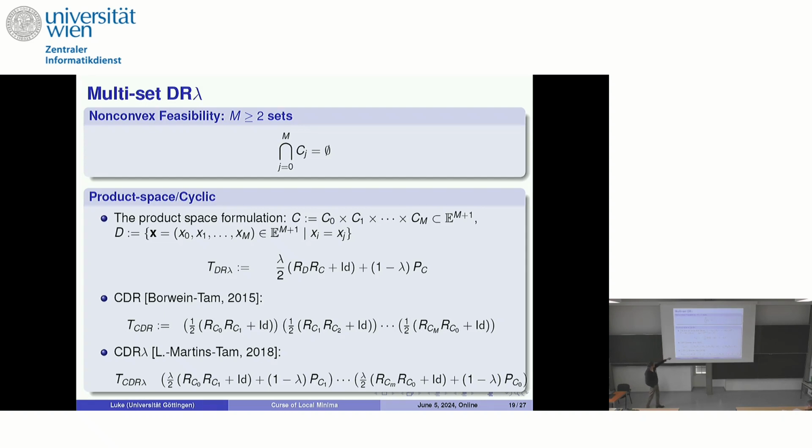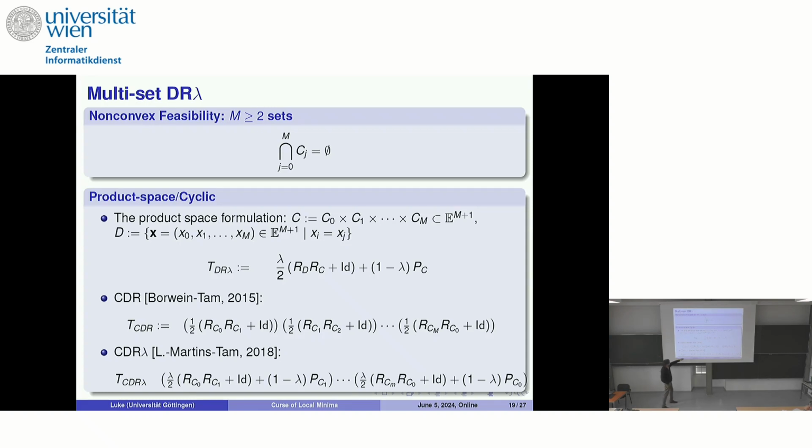Jonathan Borwein and Matthew Tam in 2015 looked at a cyclic, sequential version of this where you apply Douglas-Rachford to sets C1, C0, then Douglas-Rachford to sets C1, C2, and so forth, and you just keep moving up your chain, and then you cycle around. They proved a lot of really nice results in the convex case.